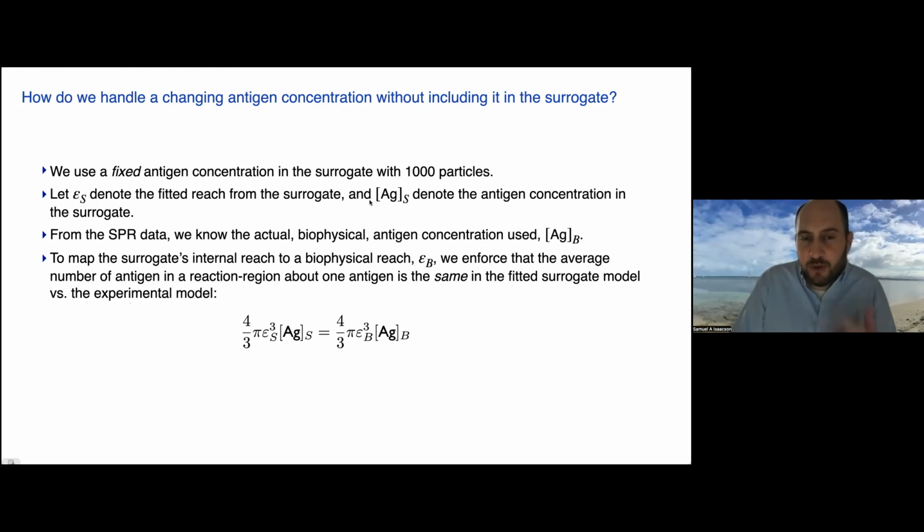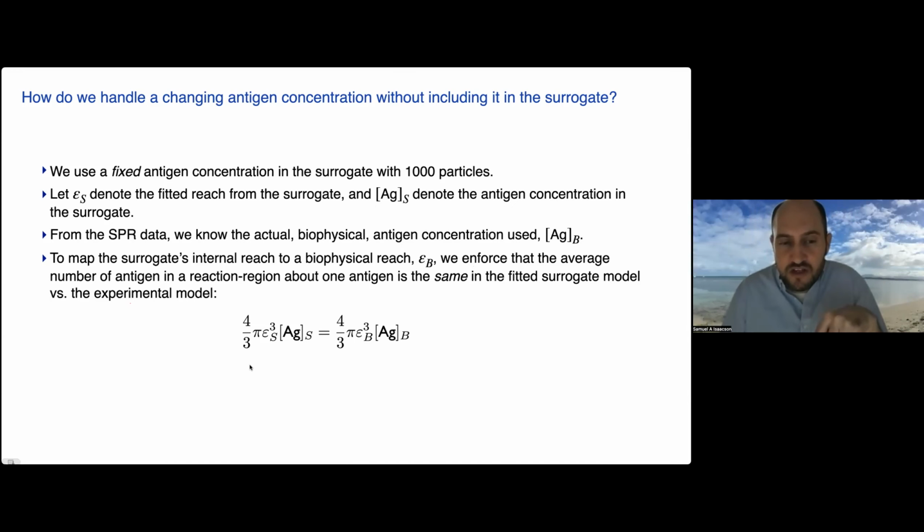So the basic idea is, suppose we fit our surrogate with this incorrect surrogate antigen concentration, and we get some reach that we'll call the surrogate's reach. In the experiment, we know what the real concentration is. And what we're going to enforce is that the only place space comes into play is essentially in setting, for a given antigen, the number of other antigens that are close to it. That's really the only place that space comes into play.